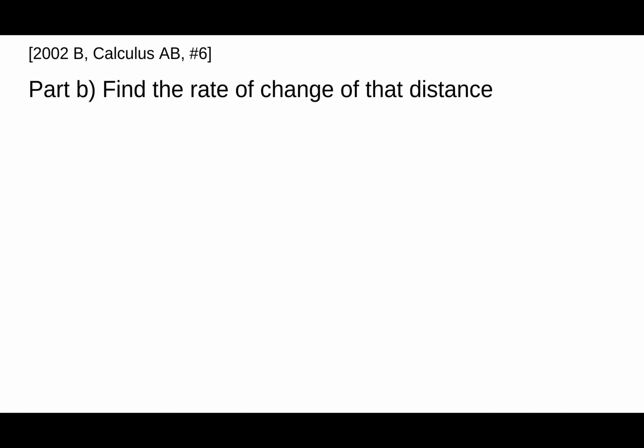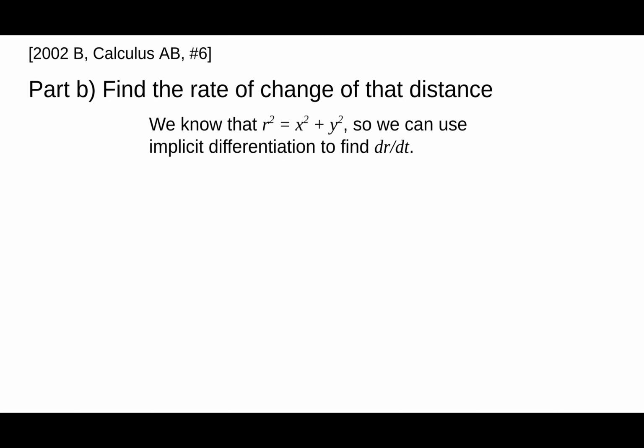For part B, in this free response question, we are asked to find the rate of change of the distance between ship A and ship B. And since we know that distance is calculated using the Pythagorean theorem, we can apply implicit differentiation to that formula and derive some expression for dr/dt if r is the distance between those two ships.